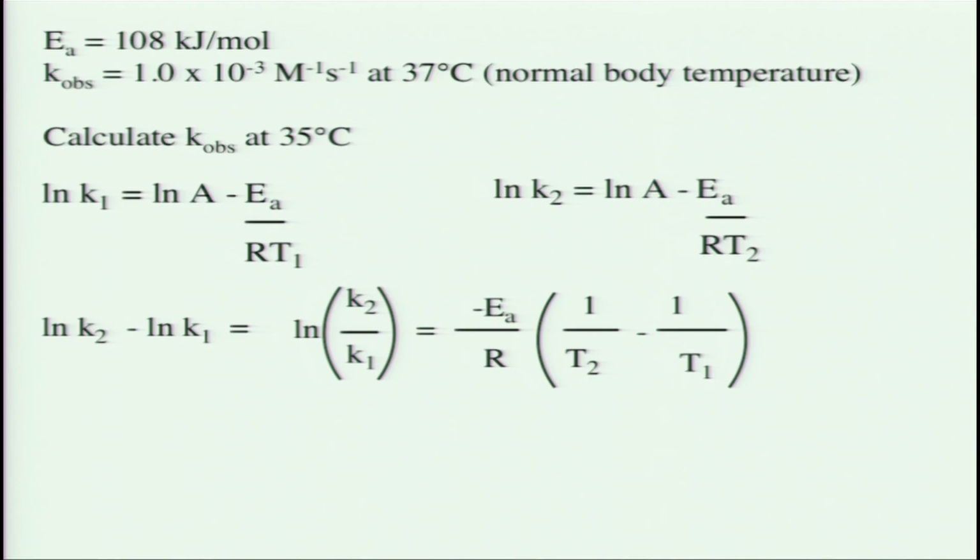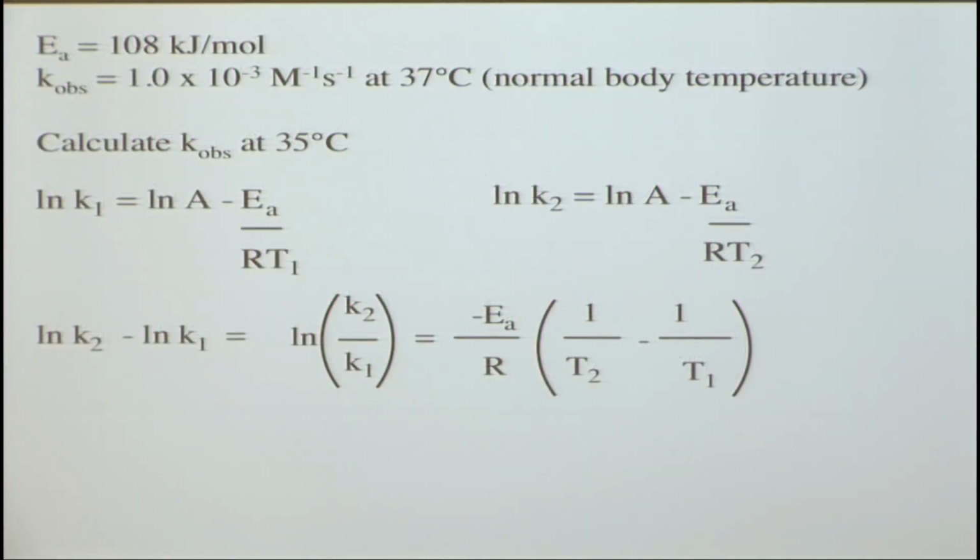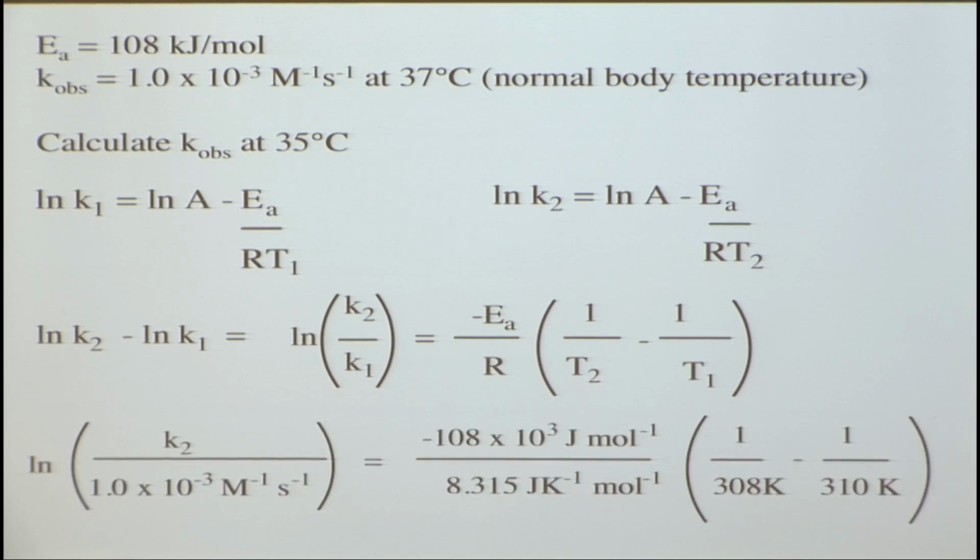So we have natural log of k2, our rate constant at temperature 2, minus the natural log of the rate constant at temperature 1, which can also be expressed as natural log of k2 over k1. The natural log of the Arrhenius factor drops out, and we have minus EA, our activation energy, over our gas constant times 1 over the second temperature minus 1 over the first temperature. So we can put in our values. We have our first rate constant, the rate constant at the first temperature.